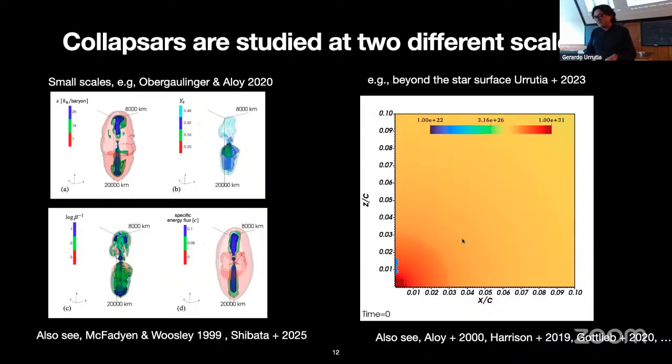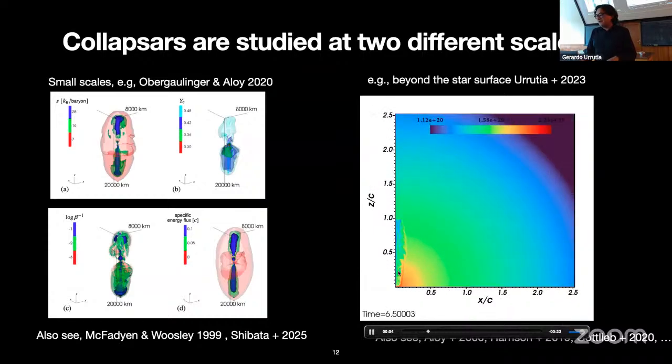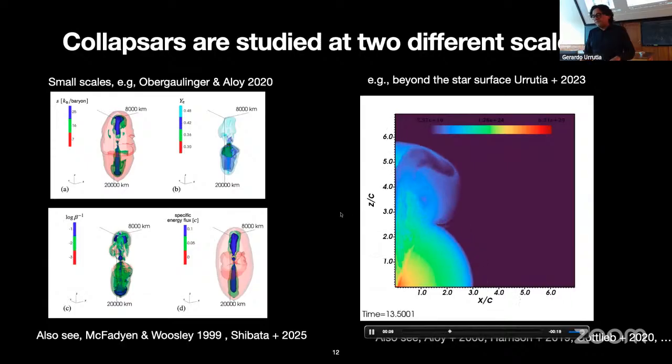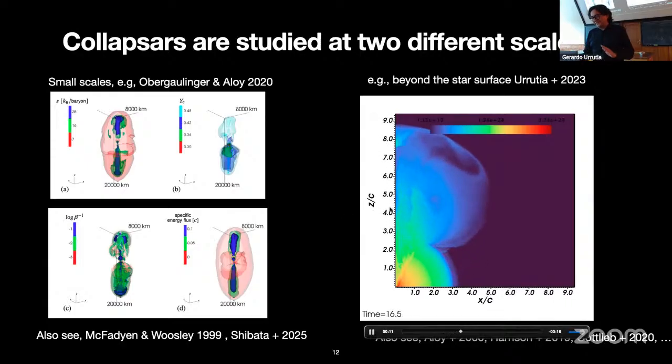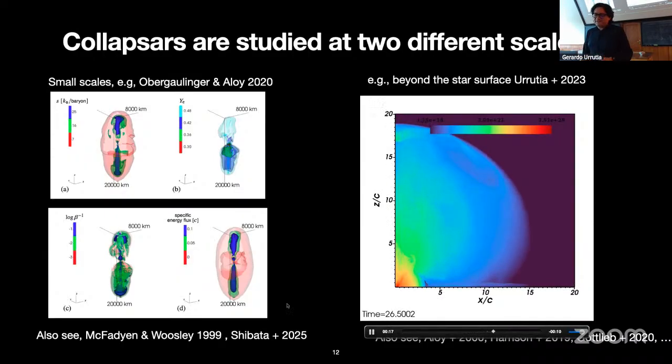This is an example where we impose a jet very far from the black hole just to follow the propagation outside. But typically, these studies are not done together, with jet launching and propagation outside of the star. We do one or the other.